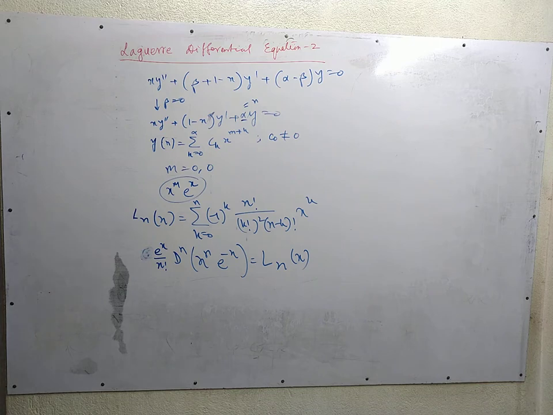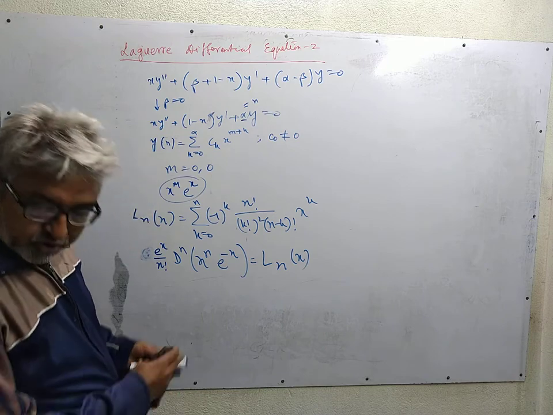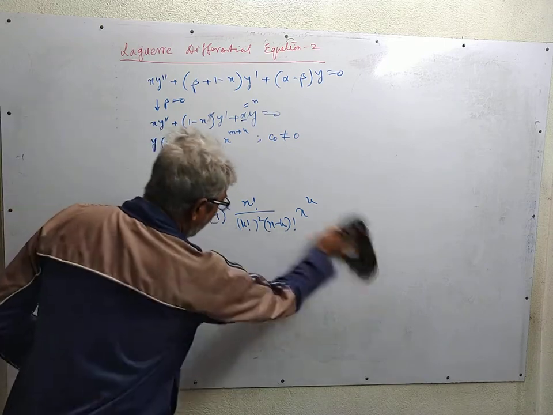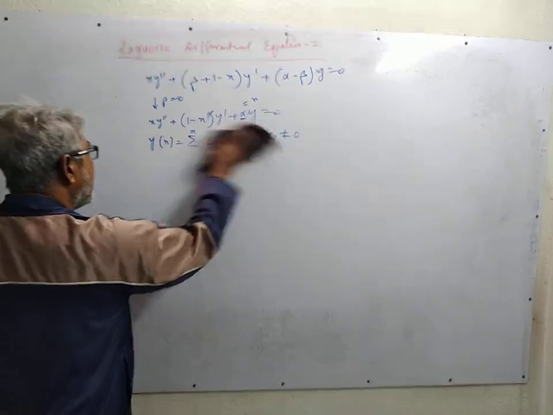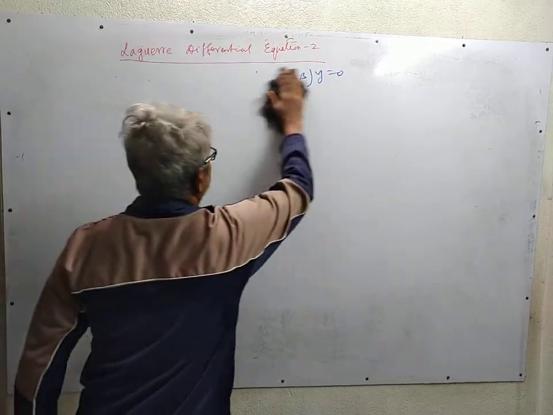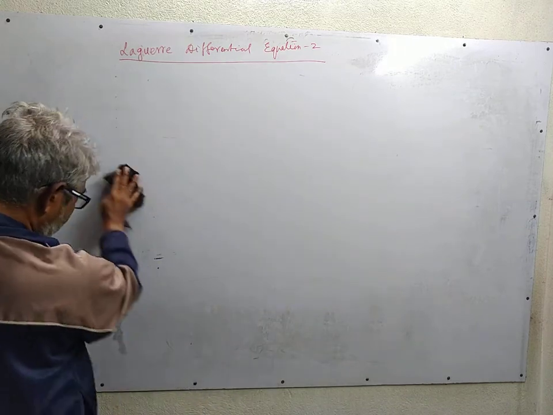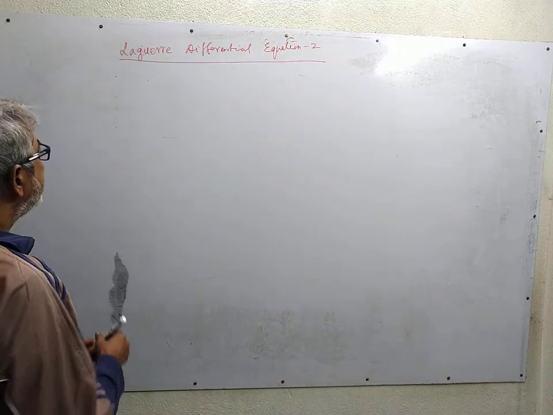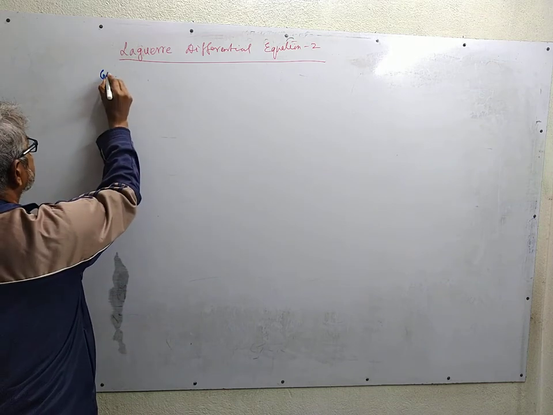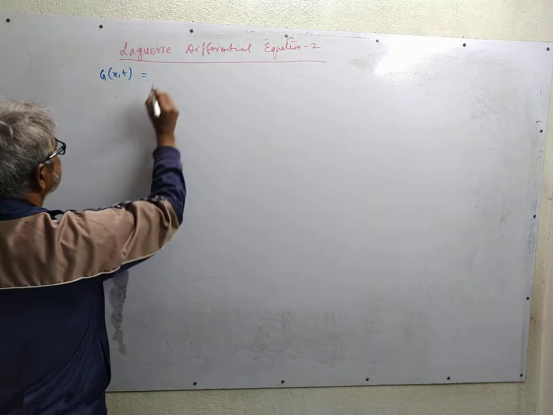Now we switch over to the generating function for the Laguerre differential equation. As we have seen in the other two cases, that is in the case of the Legendre and Hermite differential equations, a generating function involves the argument x and a parameter t, and we expand a known function.